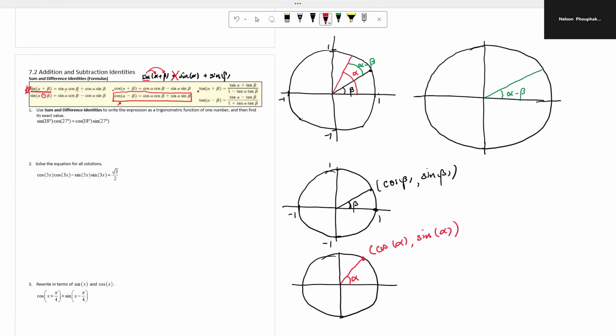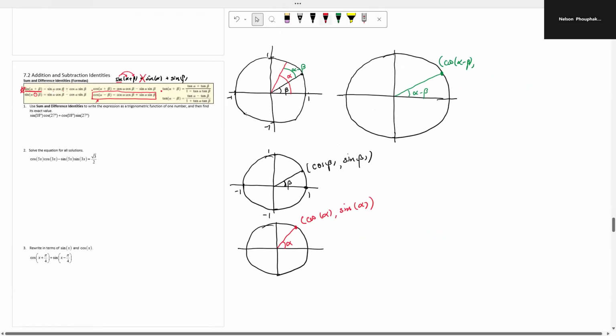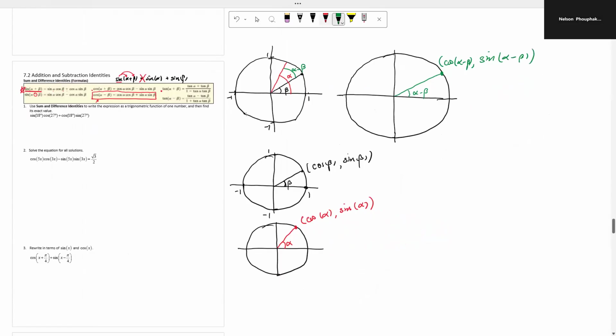And of course, this point will be cosine of alpha minus beta, and sine of alpha minus beta.